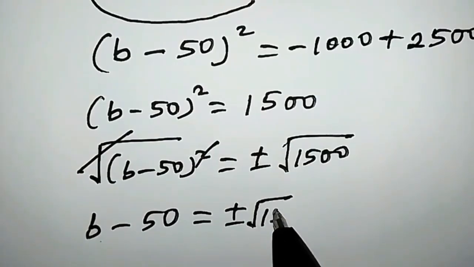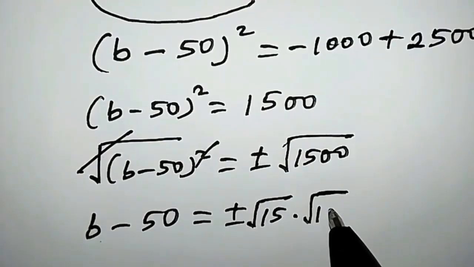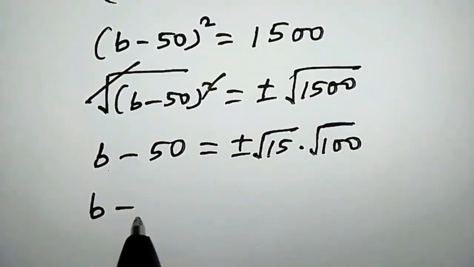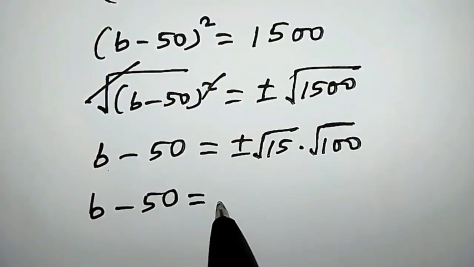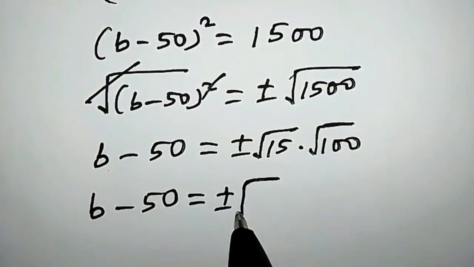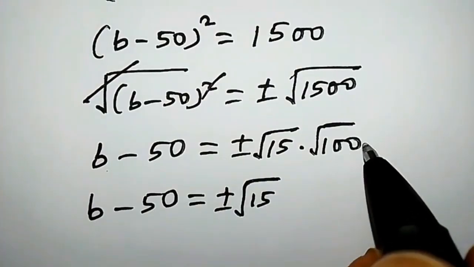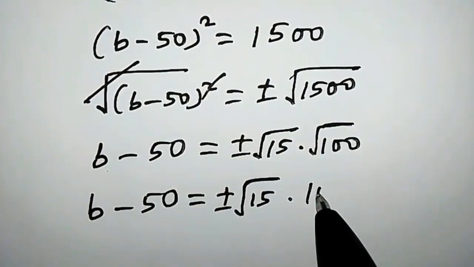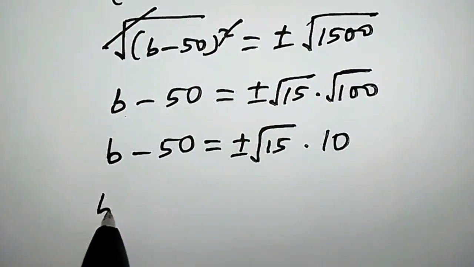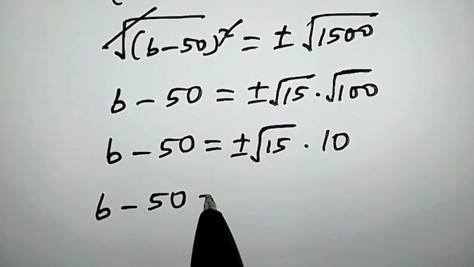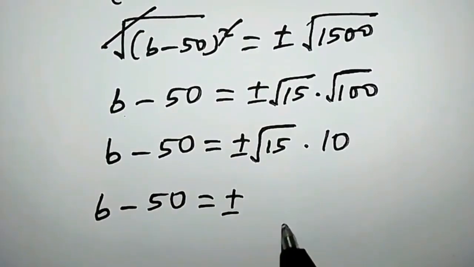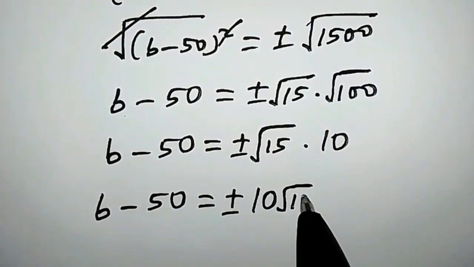which could be written as square root of 15 times square root of 100. b minus 50 is equal to plus or minus root 15 times the square root of 100, which is simply 10. Let's continue. b minus 50 is equal to plus or minus 10 times root 15, that is 10 root 15.